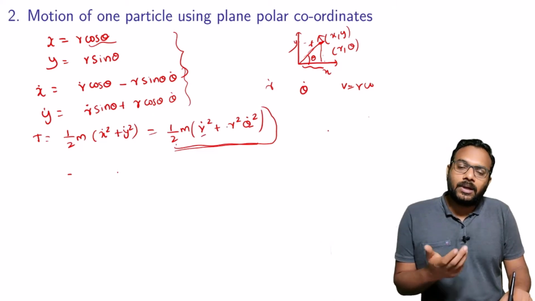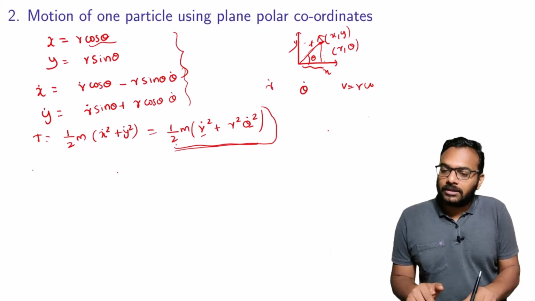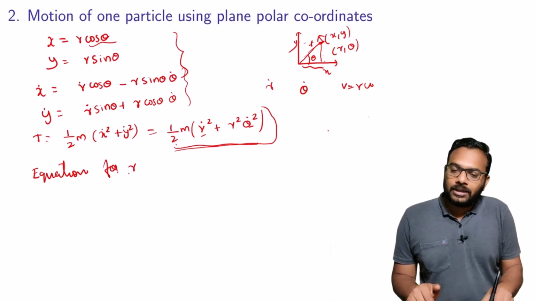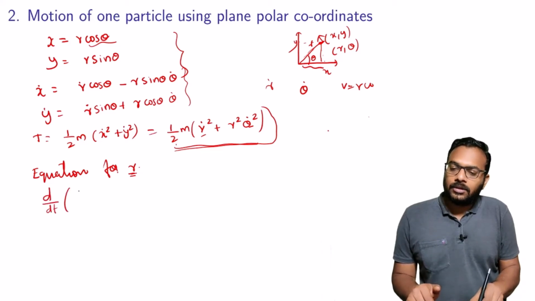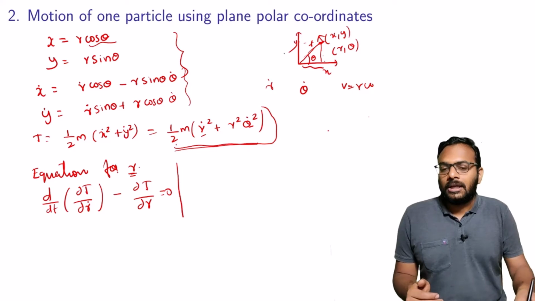So we have to find one equation for r and one for theta, right? So first let's find the equation of motion for the generalized coordinate r, okay? So you see that it's d by dt of dou T by dou r dot minus dou T by dou r is equal to 0. That's the equation for r.